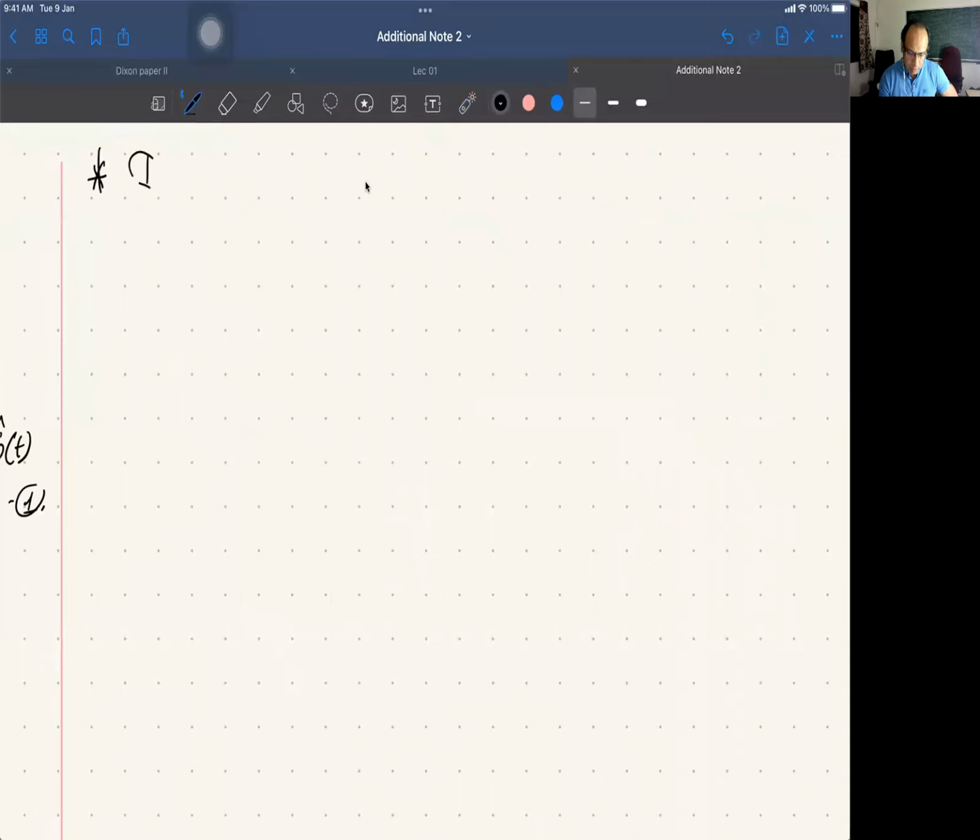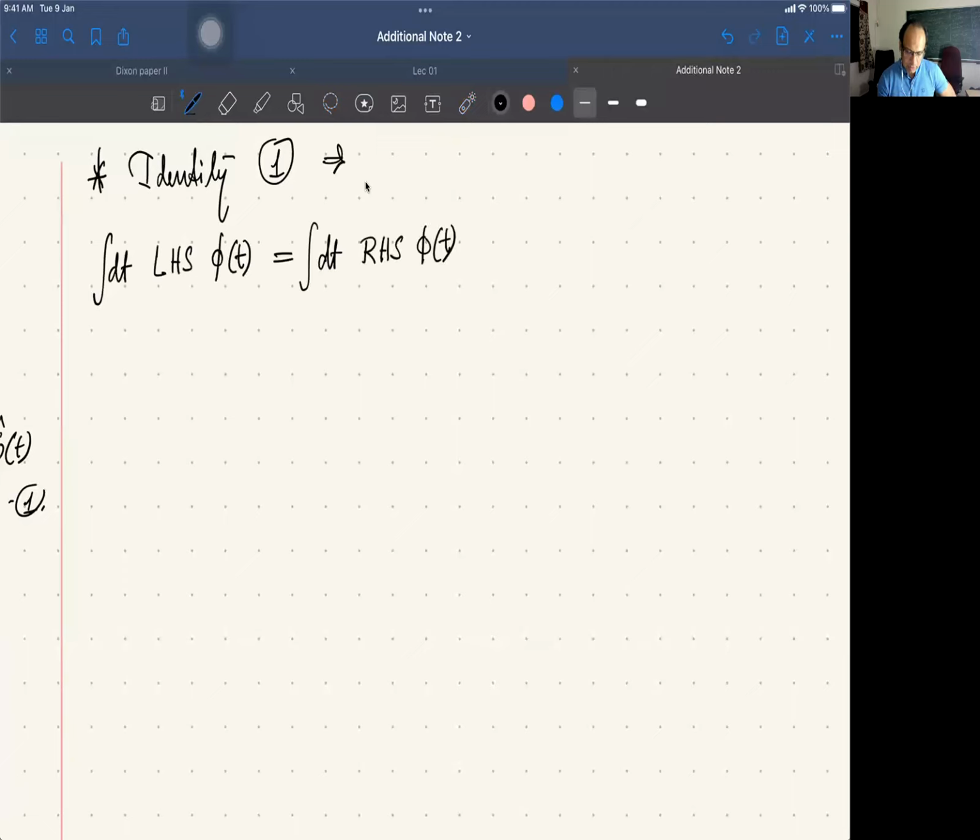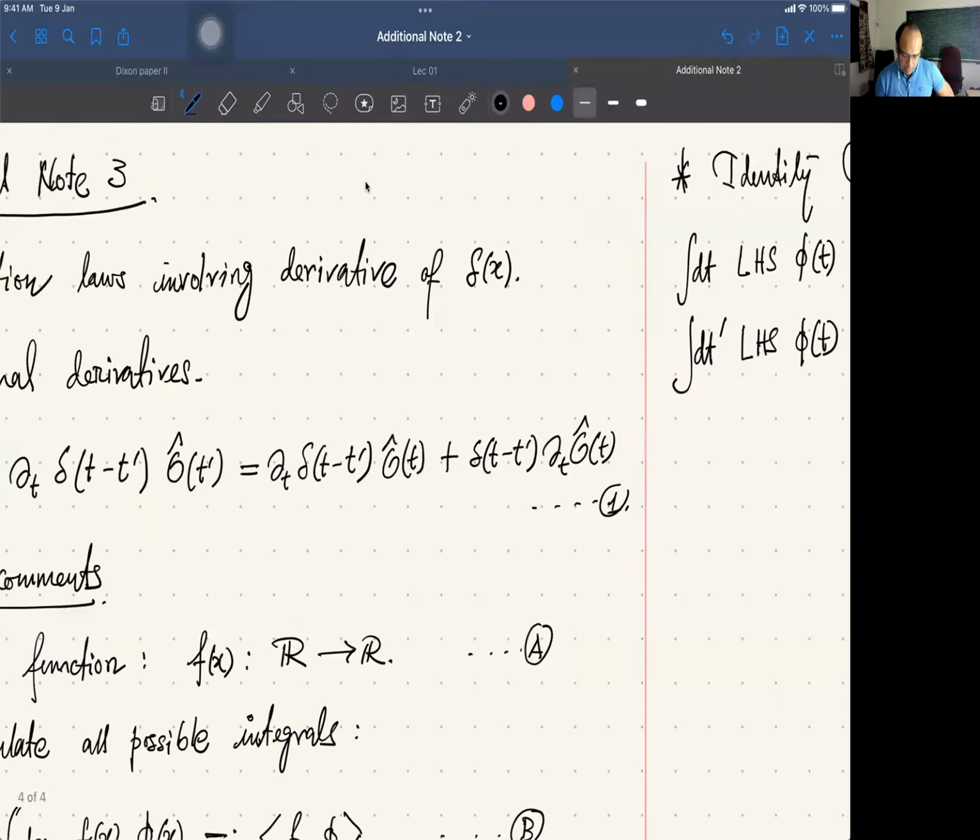So identity one implies that the following 4 conditions should hold. Integral dt LHS phi at t is equal to integral dt RHS phi at t, and integral dt prime LHS phi at t is equal to integral dt prime RHS phi at t, where of course LHS and RHS are nothing but these expressions.